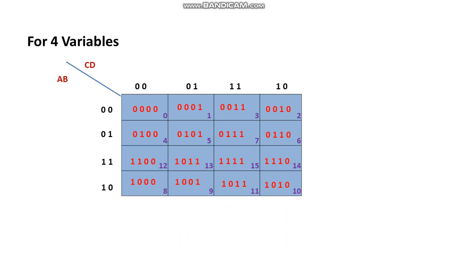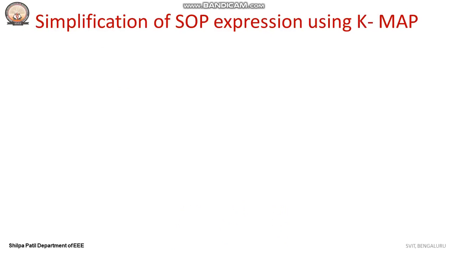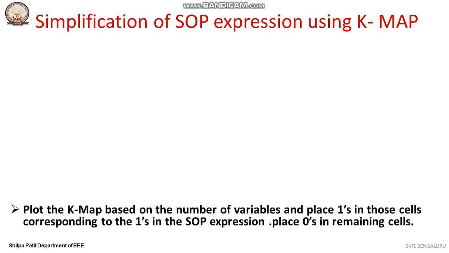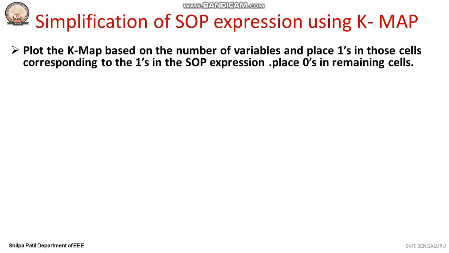I already told you, once we enter the K-map using a truth table, we will solve the Boolean expression using SOP expression. Then we will go for POS expression. The first step is, based on the number of variables, you have to plot the K-map. That is a common step for all K-map problems.